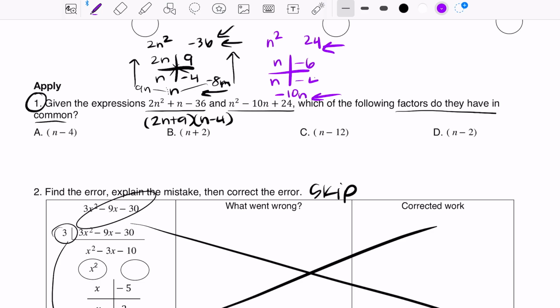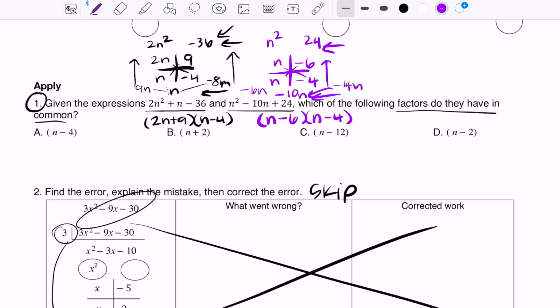So I'm going to try negative 6 and negative 4 because that multiplies to give me 24. But when I crisscross and add to the middle, I also get negative 10n. So the factored form of that is n minus 6 times the quantity n minus 4.